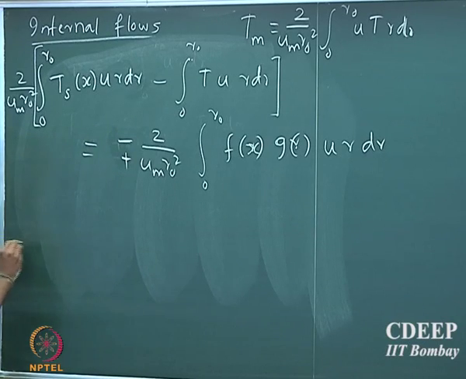So from here, Ts is not a function of the radial position, it is the wall temperature, right?